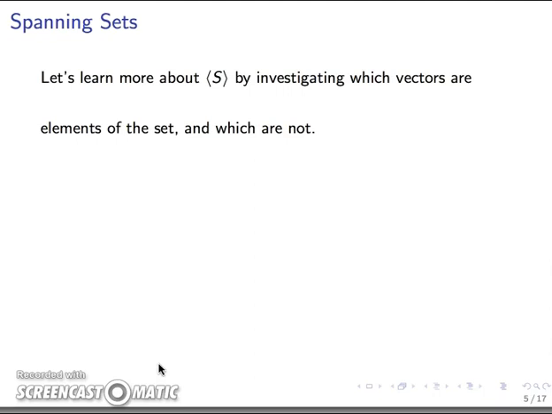So we can learn more about the span of a given set by investigating which vectors are elements of the span. To be or not to be.